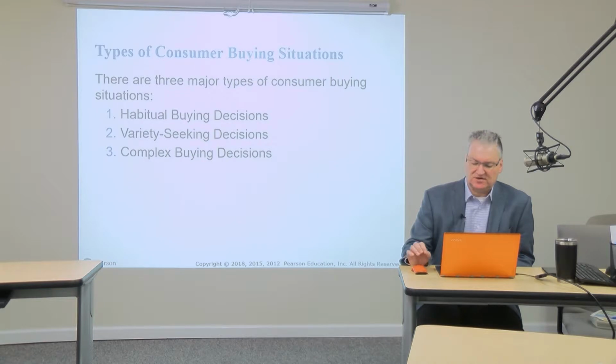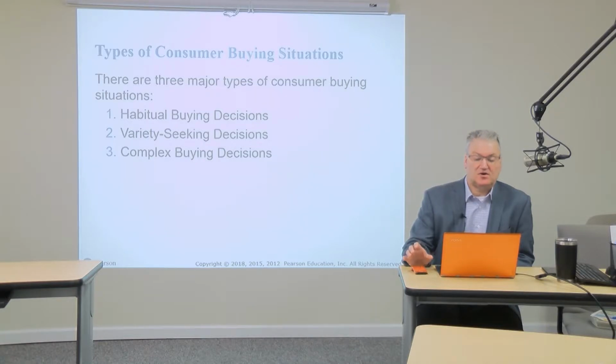Variety-seeking buying decisions have low consumer involvement, but important perceived brand differences might exist. So they might say, you know what, I'm really looking to change brands. What's been working before may have changed, or my preferences may have changed. Complex buying decisions are really high involvement for consumers.